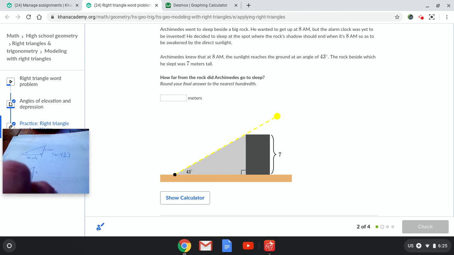So that is opposite and adjacent again, which is tan. Tan 43 equals 7 over X. So we multiply by X. We got to get the X by itself. So we divide. 7 divided by tan 43.